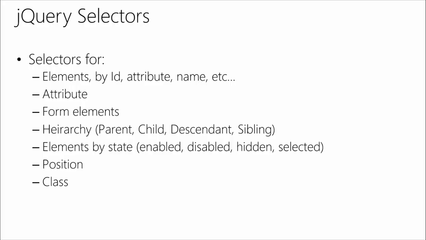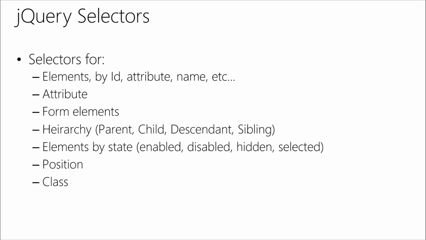So we have selectors for all sorts of different things. Elements, just to grab a single element, maybe by its ID, by the attribute, by its name, by the type of element that it is. We can also select via the attribute values. Form elements, that's an important one. Forms are everywhere. Hierarchy, so we could do parent and child, descendants, all of those kind of attributes.